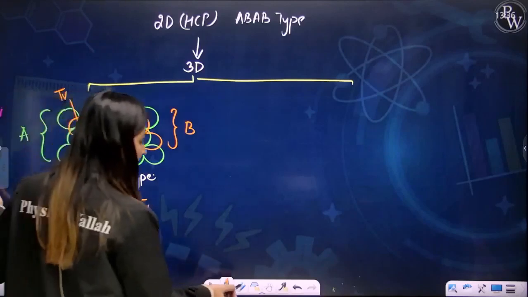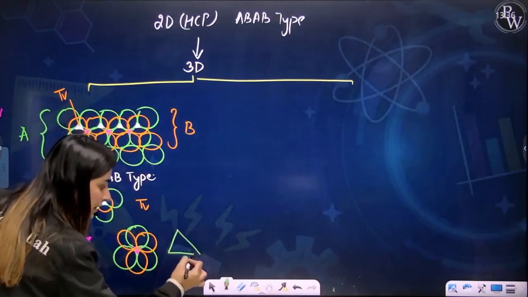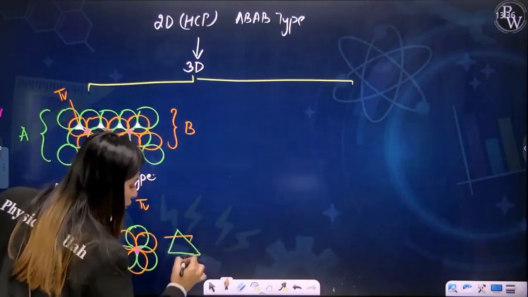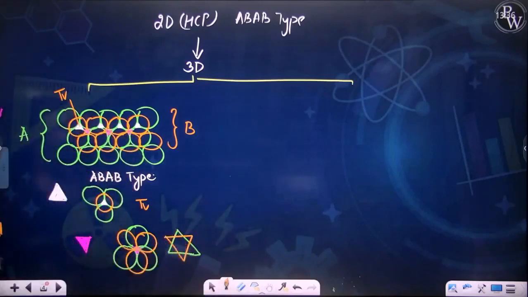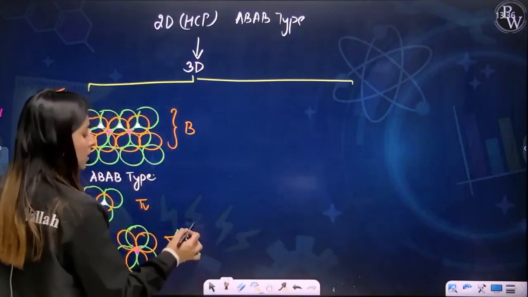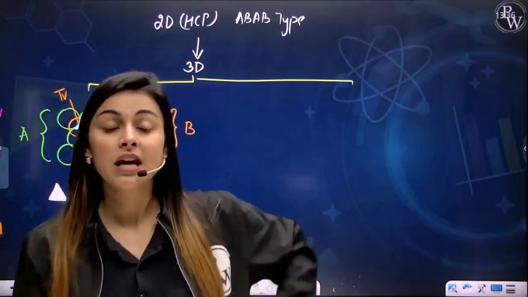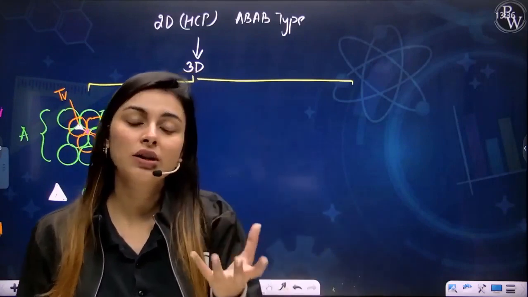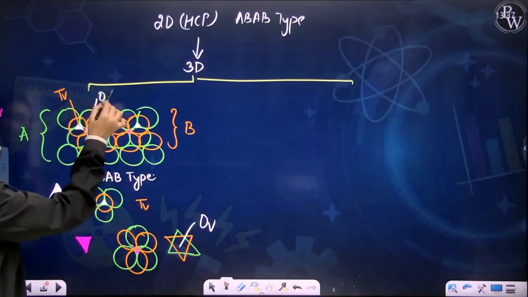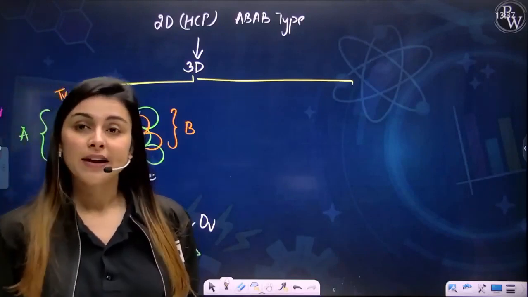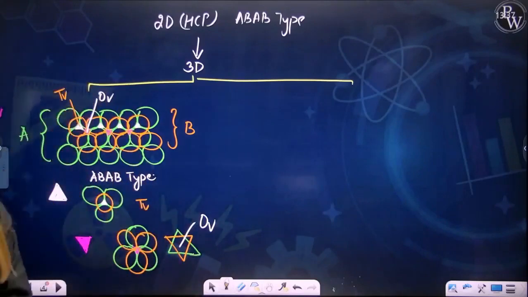Can you see that you are making a green triangle like this, and then an orange triangle like this? Which type of void is formed like this? It is an octahedral void, because it is made up of 6 different atoms. Inverted triangles make an octahedral void, right? So all these pink voids are your octahedral voids. I hope you can imagine your tetrahedral voids and octahedral voids in this type of layering.